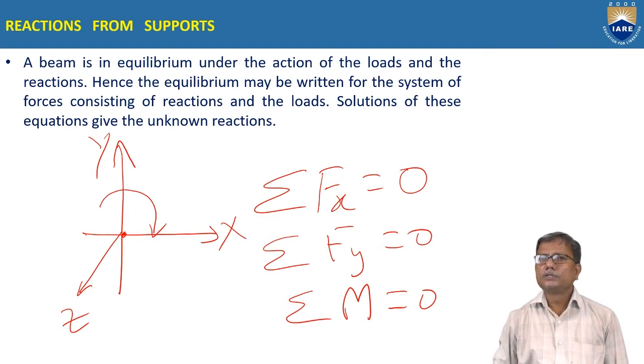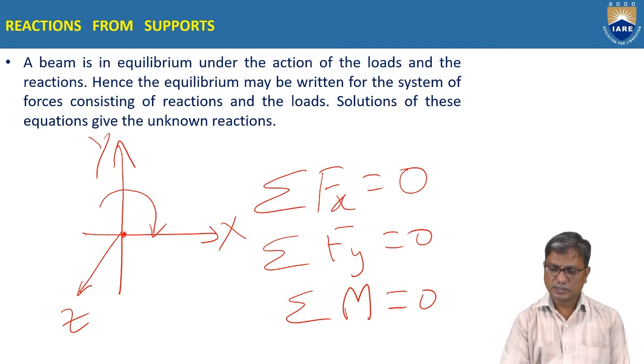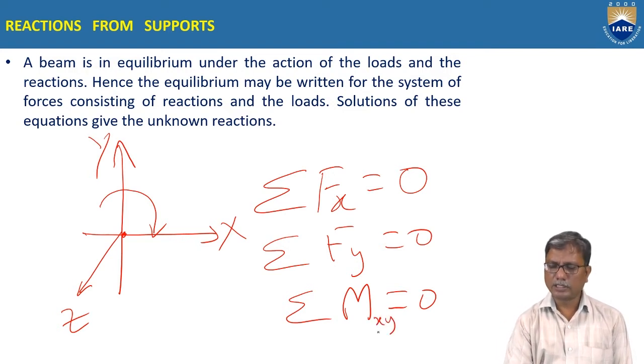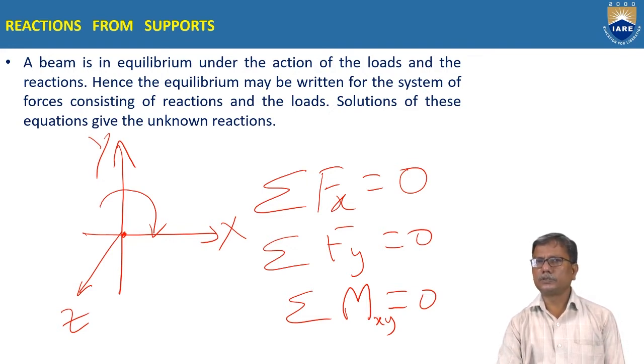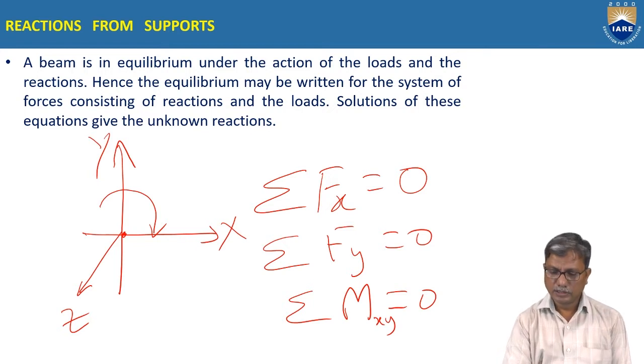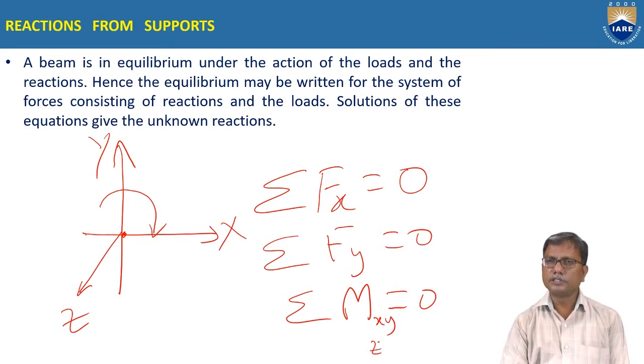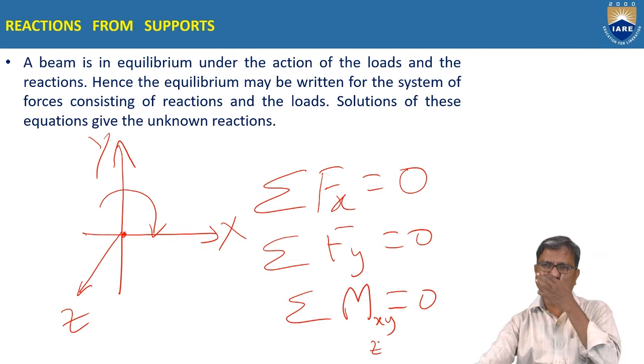So this moment is about the z axis or in the plane xy; we can say both. That means the sum of the moments in the xy plane is 0, or Mz = 0, the sum of moments about the z axis.